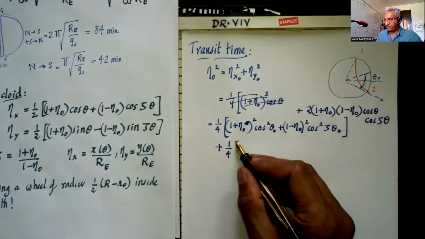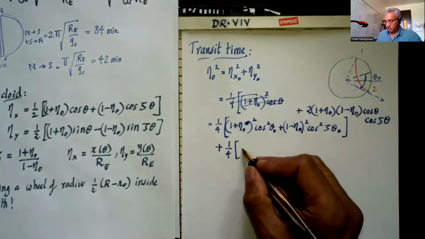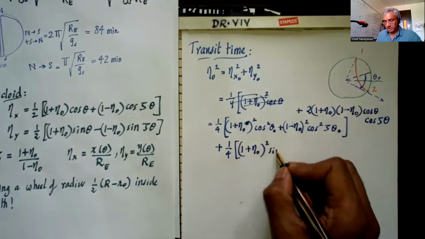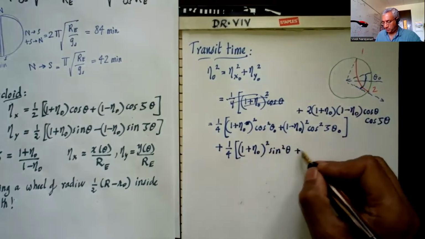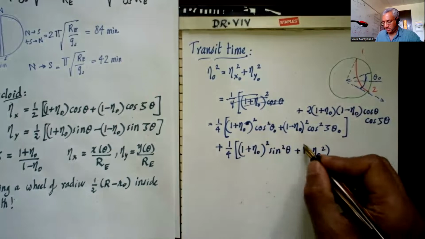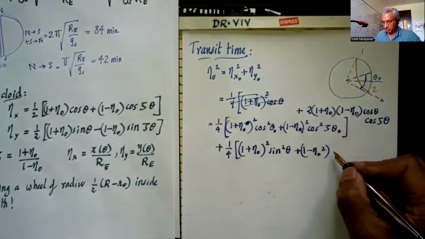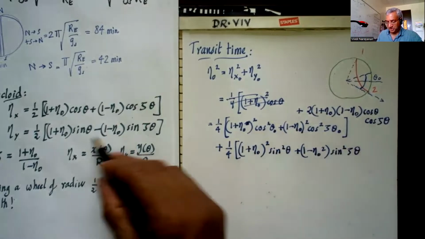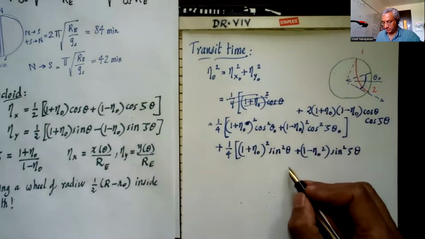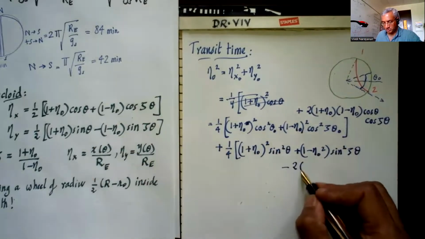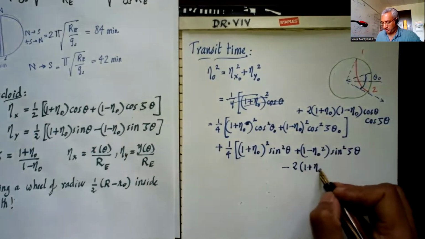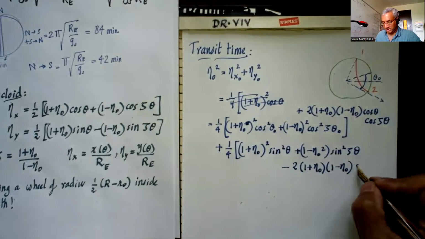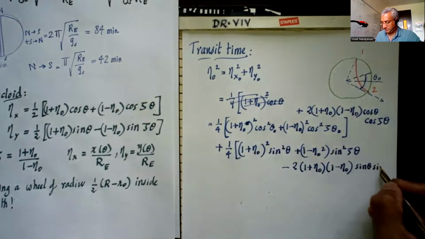And then the other one gives me (1 plus eta naught) squared sine squared theta plus (1 minus eta naught) squared sine squared zeta theta. There's no cancellation because of the different signs. And 2 times (1 plus eta naught)(1 minus eta naught) sine theta sine zeta theta.